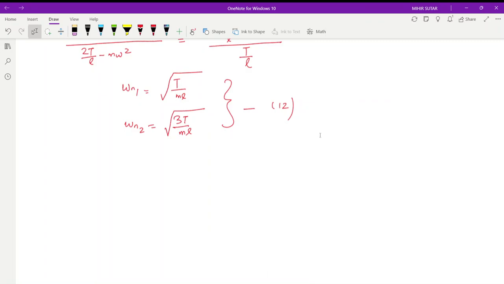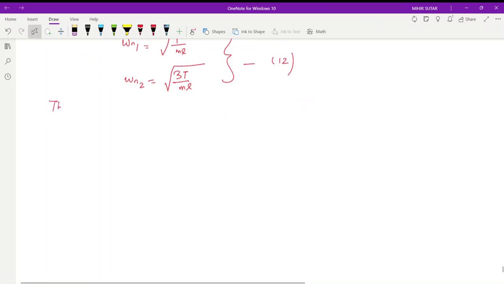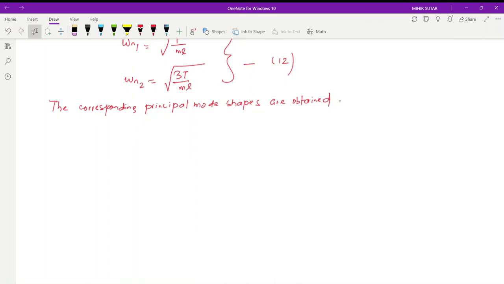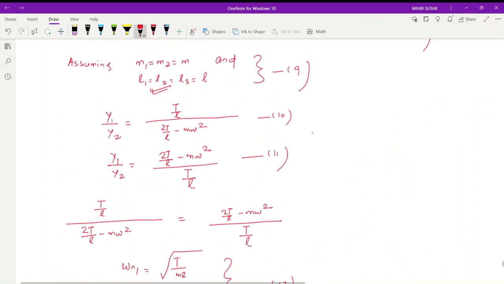Now the corresponding principal mode shapes are obtained by substituting in either of the equations, this 10 or 11.